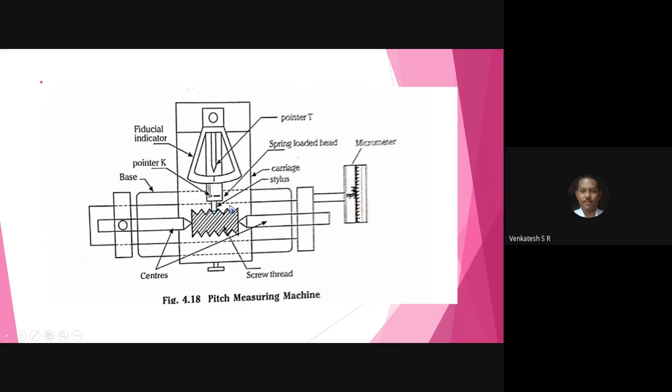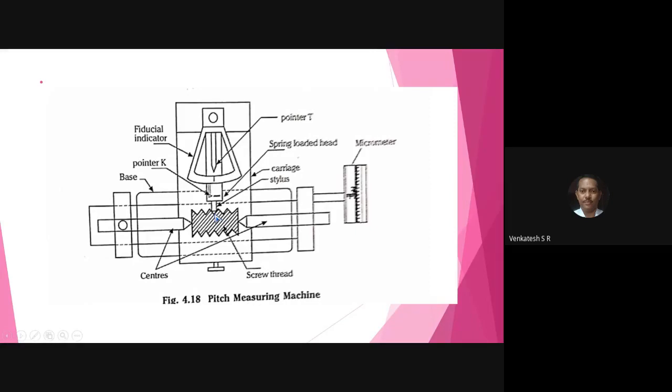The stylus can be pulled by using a spring system. You can move the stylus in the backward direction and see the micrometer. The stylus is spring loaded and provided with a nut, so from that you can keep the stylus on the thread like this.